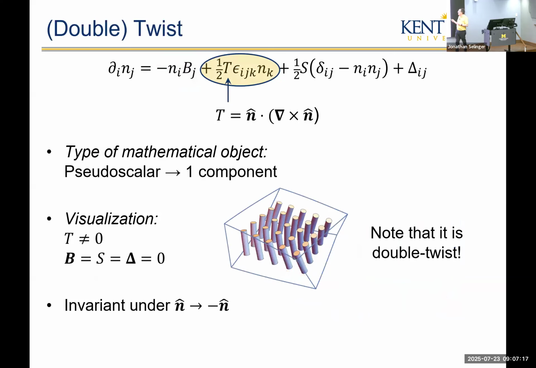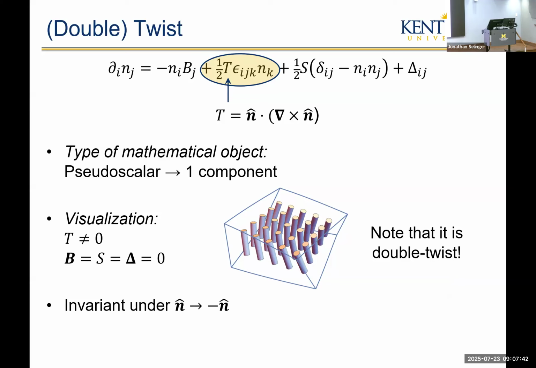A second type of variation is called twist. That is a variation which looks like this. It's how the director is turning this way. So pointing this way over here, and then straight, and then back. And it is the same all around, like that.